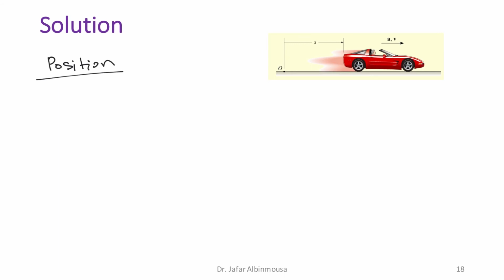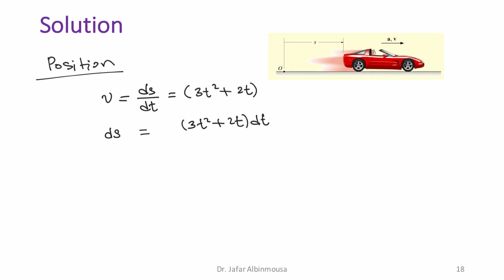For the position, we know that the equation of the velocity was given. So v, which is equal to ds over dt, was given to us as 3t squared plus 2t. Now we can also write this as ds equals 3t squared plus 2t multiplied by dt.